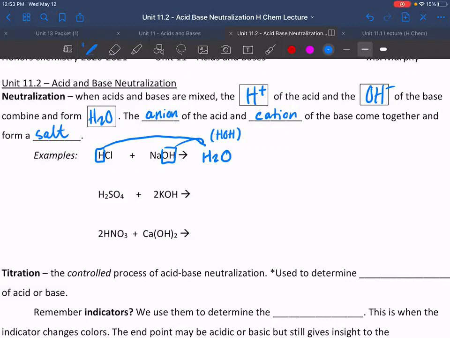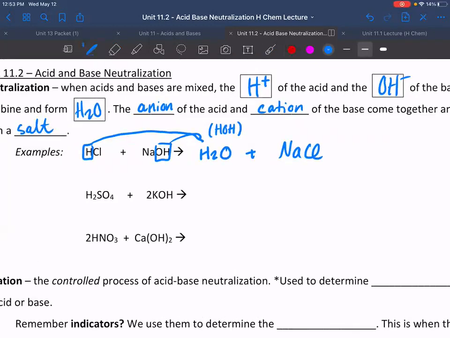I don't know why they write it like this, but you should know water is 2 H's and an O. Then our salt that forms would be NaCl. Chloride is the anion from the acid, and sodium, the metal or cation, is from the base. Those come together and form our salt.